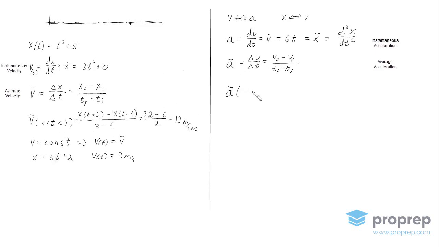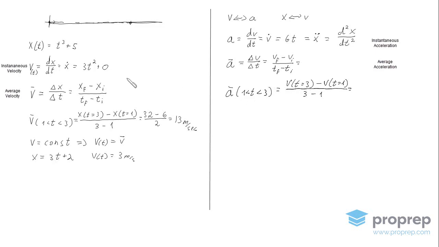So our average acceleration over the time 1 second to 3 seconds equals the change in velocity between those two times, v at t equals 3 minus v at t equals 1, over the change in times, 3 minus 1.